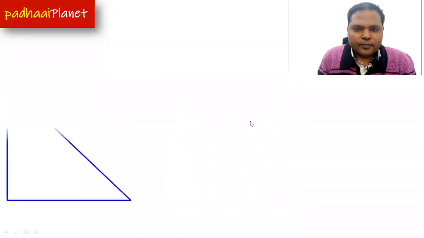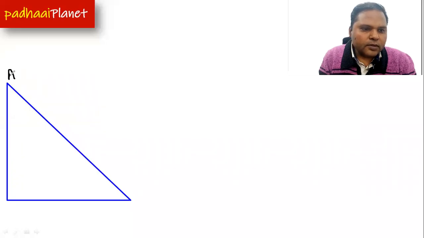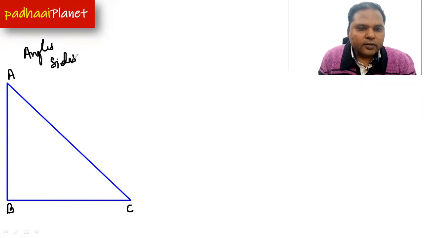So we have a triangle again here, and suppose this is A, this is B, and this is C, right? As I said, trigonometric ratios can be understood with the help of angles and the sides of the triangle.